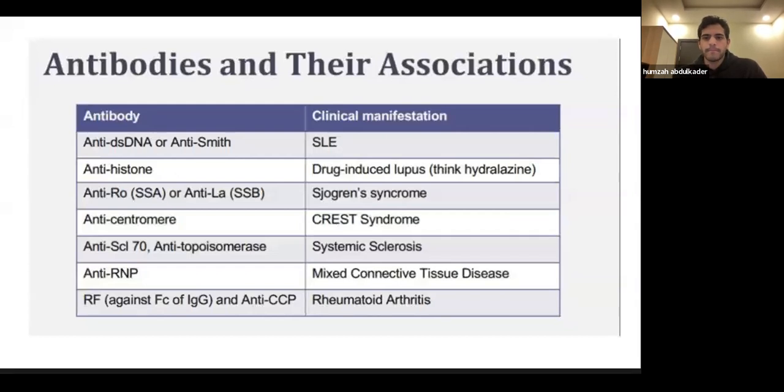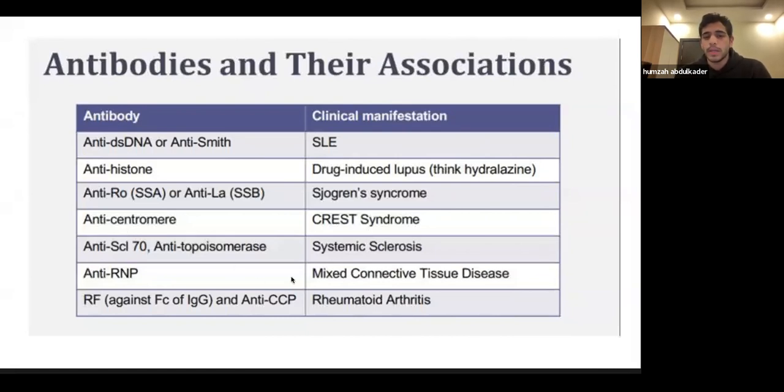Here I put basically different antibodies that you guys should know. There are more than this, but these are a lot of the important ones. I already mentioned anti-dsDNA, anti-Smith, and antihistone, which is associated with drug-induced lupus. Anti-SSA, SSB is Sjogren's syndrome, but it's also associated with neonatal lupus. Anti-centromere is CREST. We mentioned systemic sclerosis.